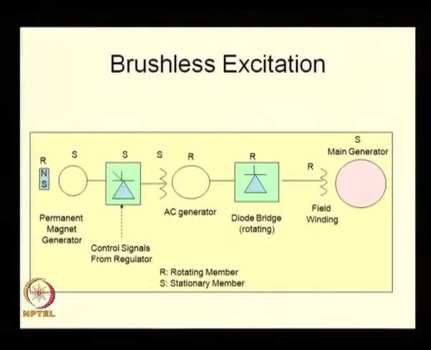For example, in a brushless excitation system which I had shown you some time back, you should have in your hand a mapping of how a change in this control signal changes the DC output of this, how the change in DC output of this changes the AC voltage output of the synchronous generator, and correspondingly how this change is reflected here in the final change in the field voltage.